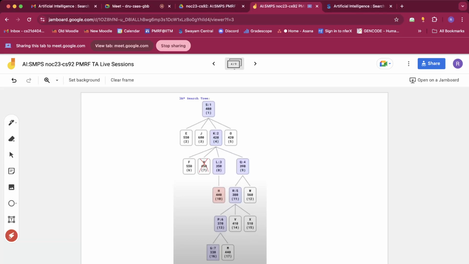That's why when we were at this particular stage, when we had noted down the children of K, which were F, H, L and Q, we chose from E, J, O, F, H, L and Q, and out of all of these, L looked the most promising. That's why we chose L.